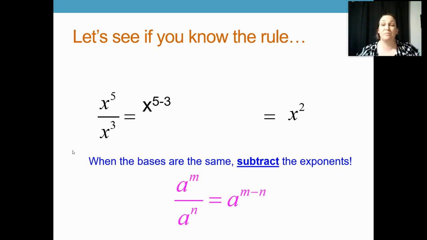Remember that the blue sentence and the pink equation are the most important things that you're going to be writing down today. So make sure to take your time to write them down. You can highlight them, you can put them in a box, you can put little stars next to them. This is the special rule we're learning today.